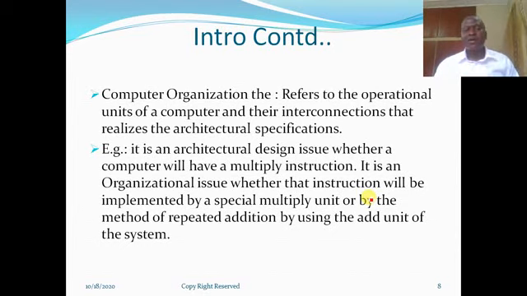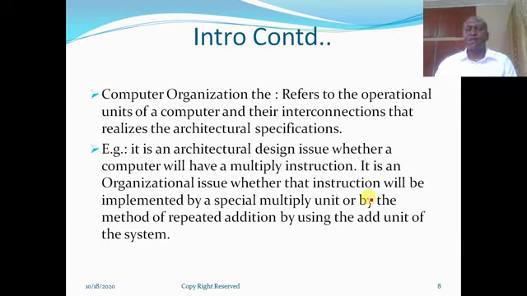The microarchitecture, like I said, is also referred to by some others as the computer architecture. Now let's attempt to explain what computer organization means. Basically, computer organization refers to the operational units of a computer system and their interconnections that realize the architectural specification.